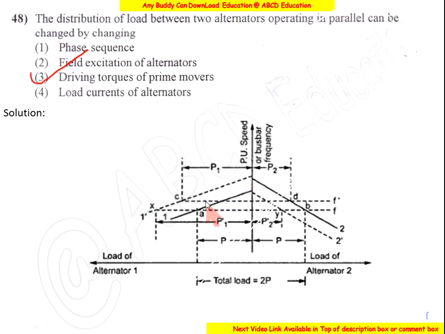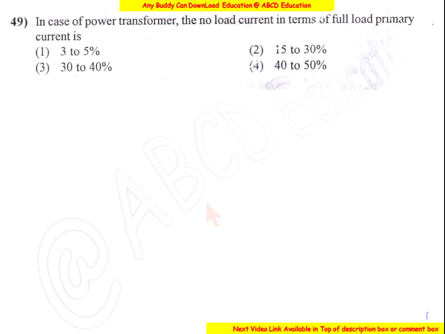Now come to question number 49. In case of a power transformer, the load current in terms of full load primary current is. In the power transformer we use an iron core, but in the case of a three phase induction motor, an air gap is introduced.